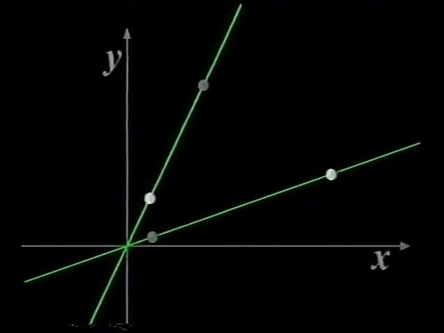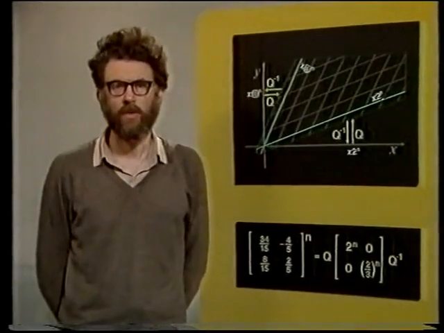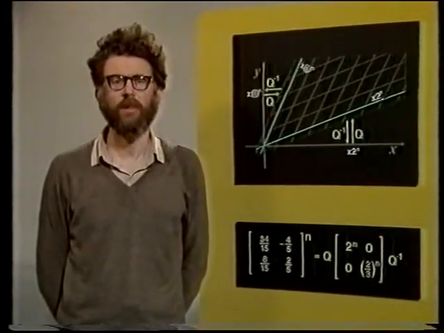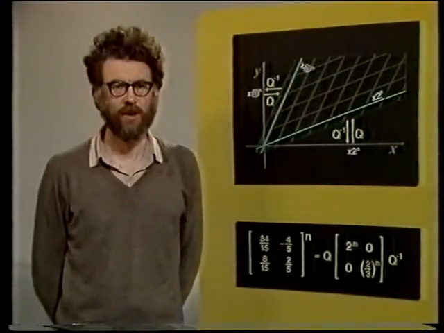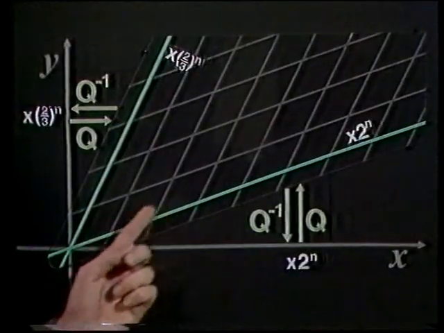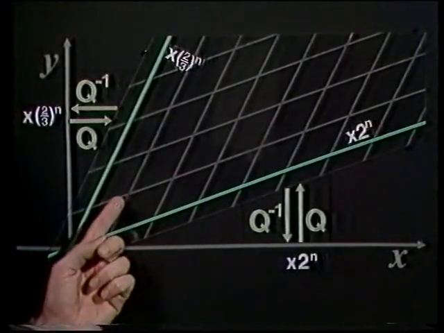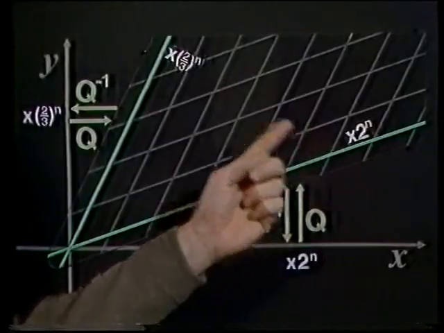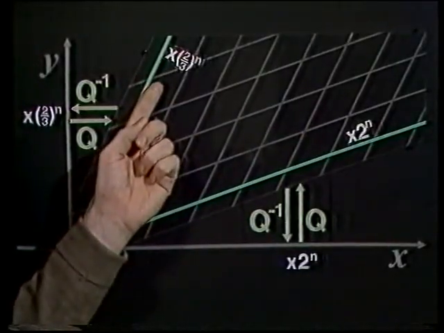The eigenlines are still the same, and the eigenvalues get cubed. Once again, a similar kind of thing is going to happen for any power of the matrix. We'll have the same eigenlines, but the eigenvalues of the nth power of the matrix will be the nth powers of the eigenvalues of the original matrix.